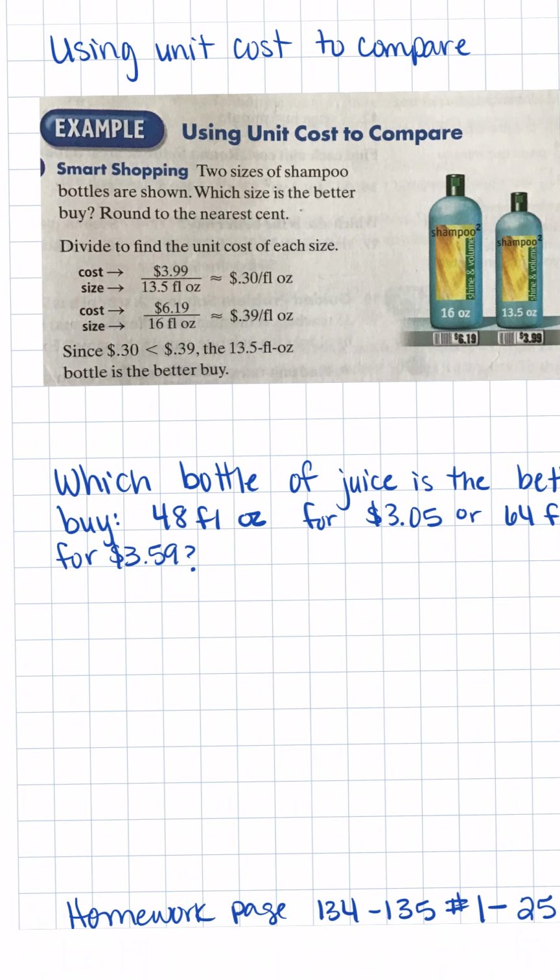So, using unit costs to compare. To be a smart shopper, there are 2 sizes of shampoo bottles. Which size is a better buy? Round to the nearest cent. This first one is 16 ounces and it is $6.19. This one's 13.5 and it is $3.99.